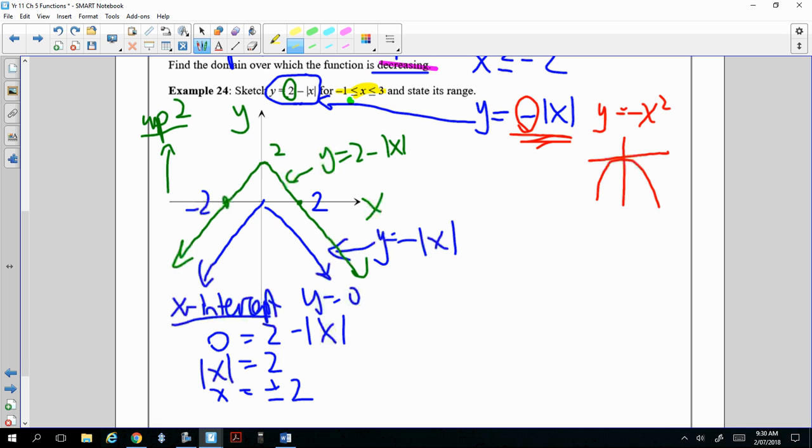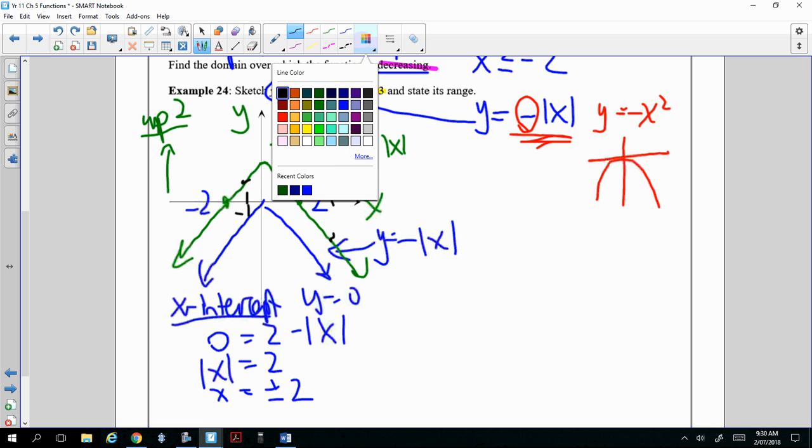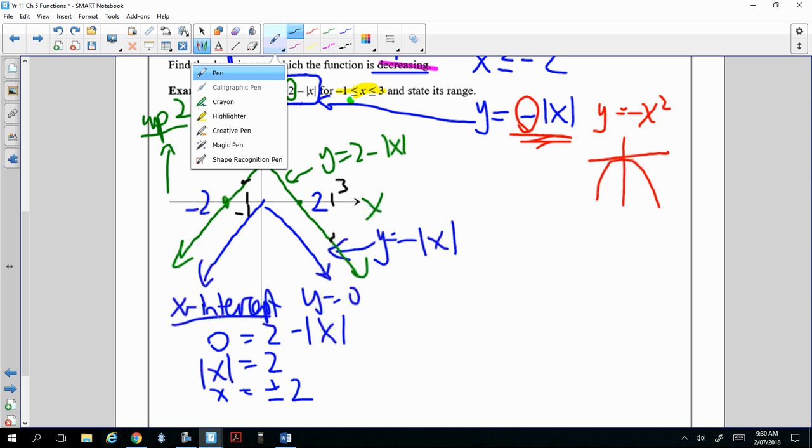Where's -1? -1 is over here, and 3 is over here. So you only have to draw this section, from here to there, this bit.